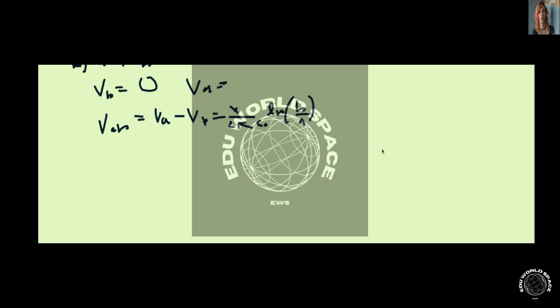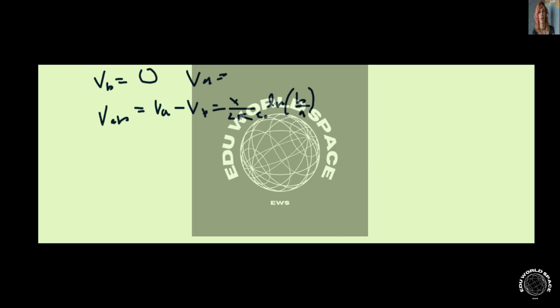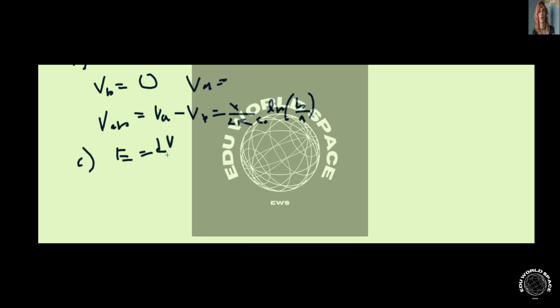Now moving on to part C. The relationship between the electric field and the potential can be written by this formula: the electric field is equal to the negative derivative of the potential with respect to r.